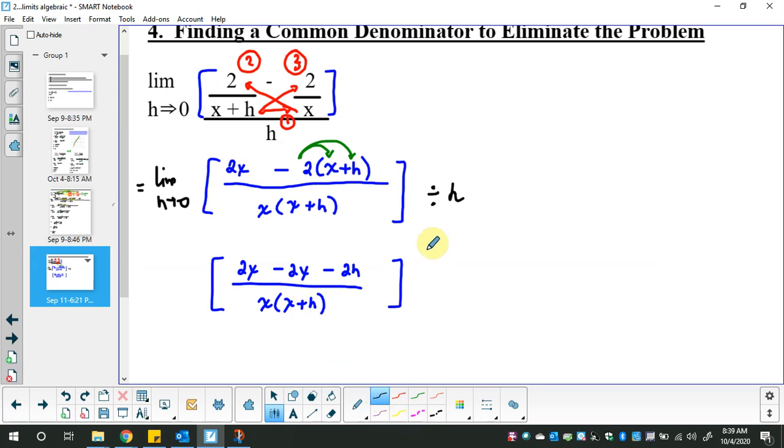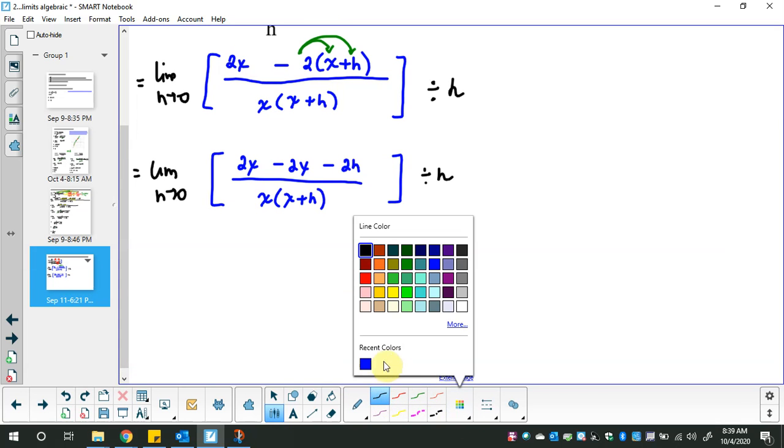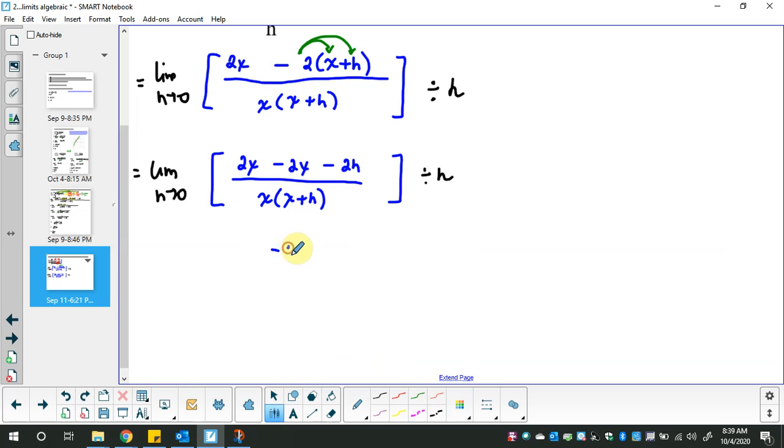And although it cramps my hand and annoys me, I still have to write this stuff down. So my two x's will cancel each other out, and I'll end up with negative 2h in the numerator and x times x plus h in the denominator. I still have my instruction out front. And then finally, I have divided by h.